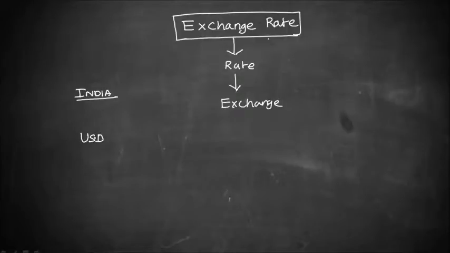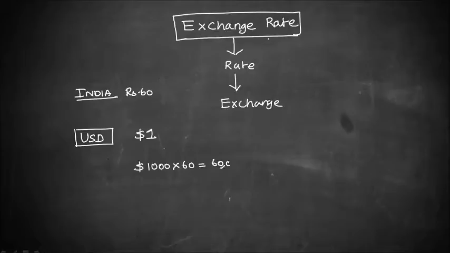So I have to purchase US dollars, but the US dollar has a value when compared to Indian rupees. If I want to purchase 1 US dollar, I have to pay 60 Indian rupees. So 60 rupees is the exchange rate for getting 1 US dollar. If I want to purchase 1000 US dollars, I have to pay 1000 into 60, which is 60,000 rupees. My 60,000 rupees would be equivalent to 1000 US dollars.